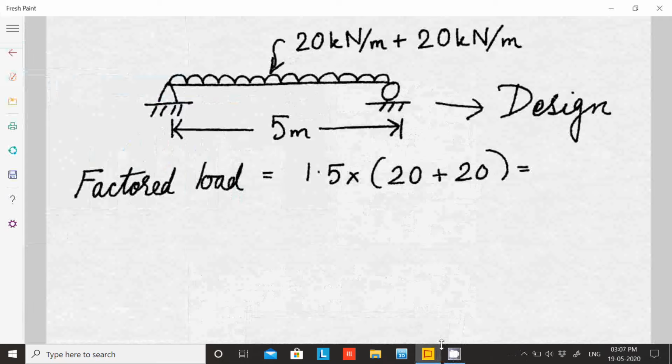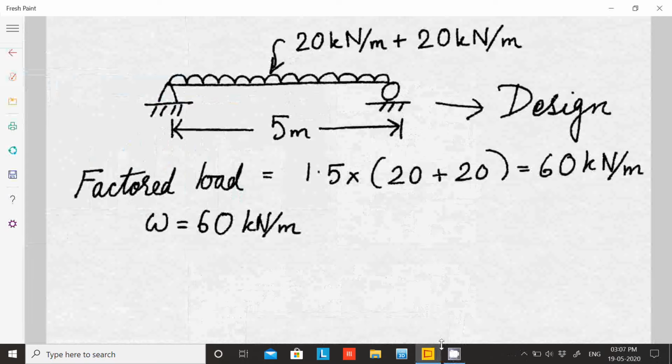Ultimately it becomes 60 kilonewton per meter. Okay, so if the load is total 60, then what will be the bending moment? W is 60 kilonewton per meter, and length is equal to 5 meter.